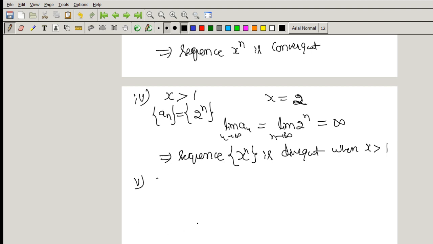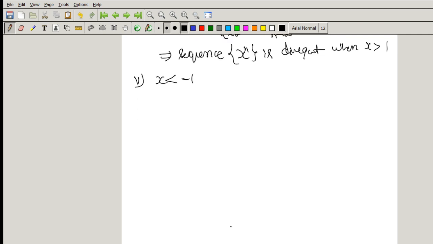So in the last case, we have x less than minus 1. When x is less than minus 1, x is in the form of something like minus 2. Therefore, a_n is nothing but minus 2 whole power n.